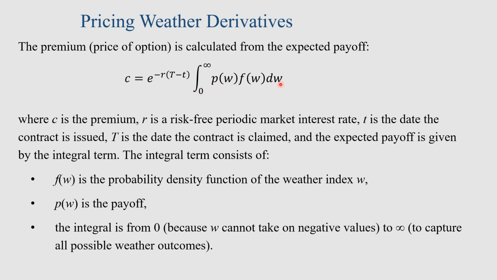That gives us the expected payoff, and it's from 0 because W cannot take on negative values, to infinity to capture all possible weather outcomes. This other part consists of the date at which the contract is claimed minus the date the contract is issued, and then we discount over that period of time.